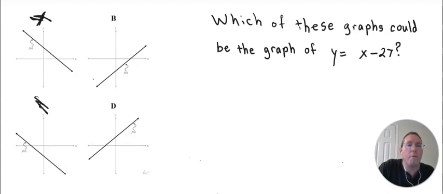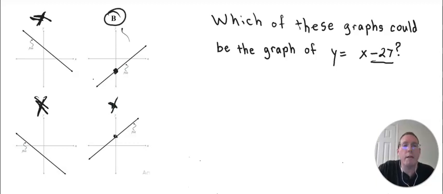C has a negative slope, so we're going to leave that one out. Okay, so it's either B or D. Well, the y-intercept here is negative, and therefore it can't be D because D has a positive y-intercept. Only B has a negative y-intercept along with a positive slope. Therefore, positive slope, negative y-intercept. So this answer is going to be B. It's not going to be D. Okay? All right, let's try a couple more.